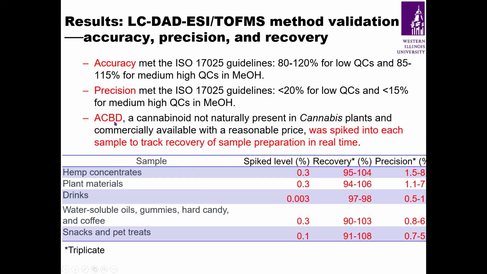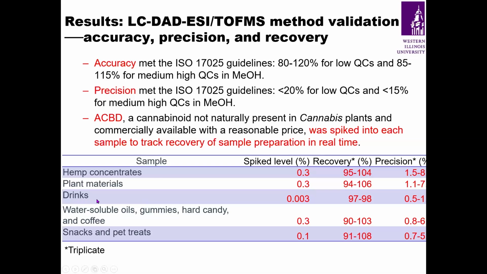And ACBD, abnormal CBD, a cannabinoid not naturally present in cannabis plants and commercially available at a reasonable price, was spiked into each sample to track recovery of sample preparation in real time. So those are the sample types, and those are the spiked levels. We try to use 0.3%.